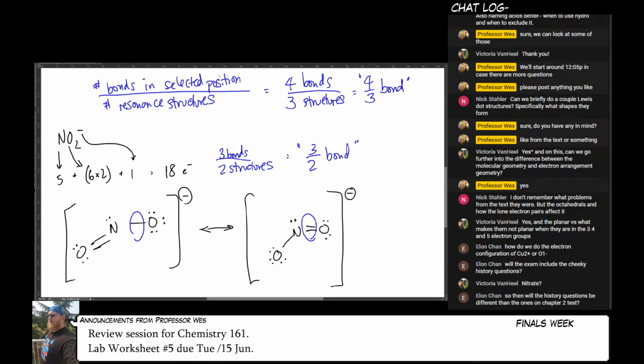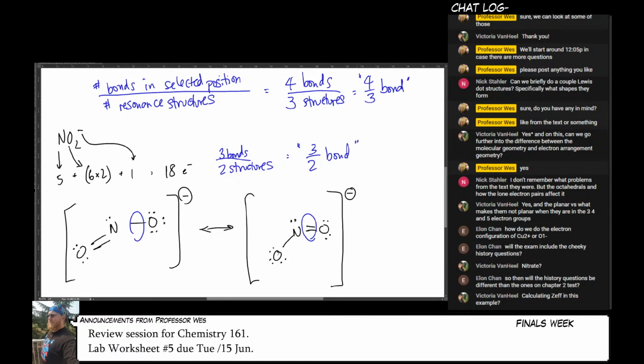Now, if you choose a different position, you'll get the same result every time. I don't know how you would calculate Z effective for a molecule. Z effective would be for an atom or an ion.